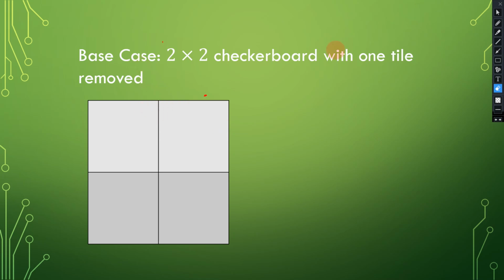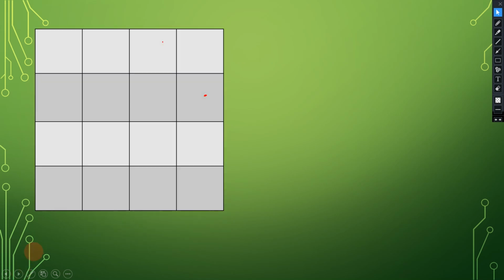Now we will move on to the next step of mathematical induction. But before going to the theoretical next step, I will give you another example of how we use the smaller previous result that we know is true to find whether our assumption is true for the bigger question. So we are taking a bigger size board.